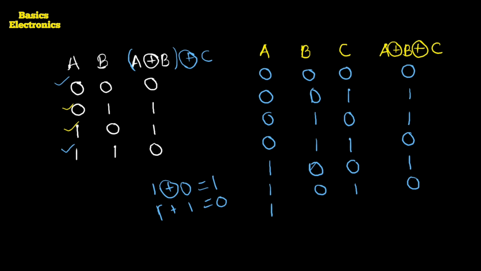Then A is equal to 1, B is equal to 1 and C is equal to 0. Again we get the output equal to 0. And the last combination, when all are equal to 1, at that time we get the output equal to 1.